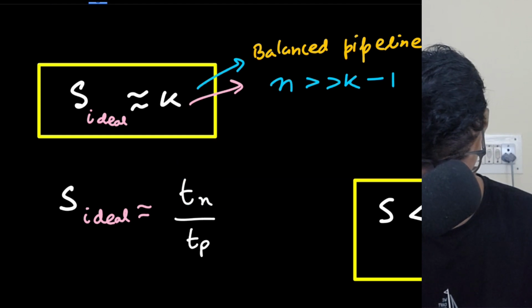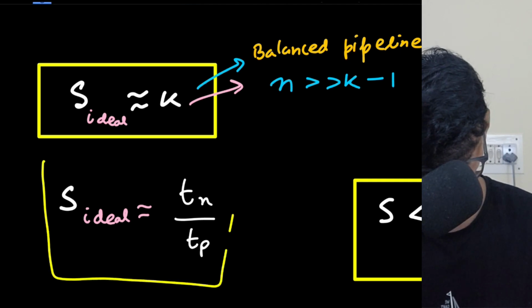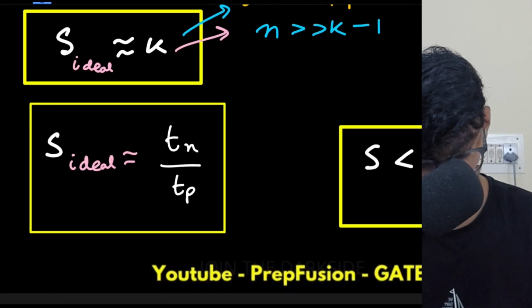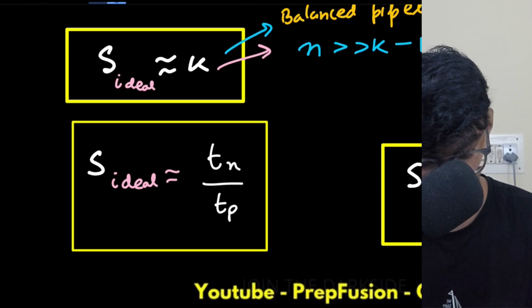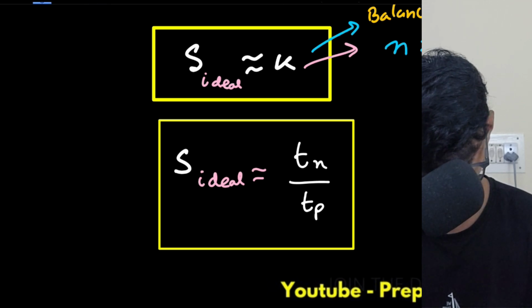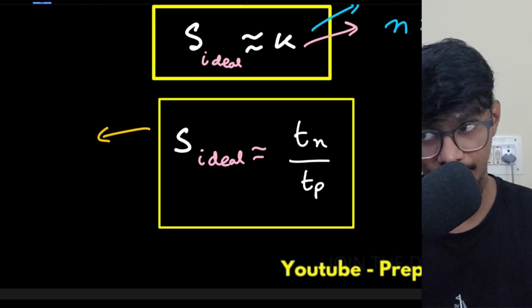Generally we choose this as S ideal whenever Tn and Tp are given. So if you are able to find out Tn and Tp, how do you find them? You will use this when the pipeline is unbalanced.